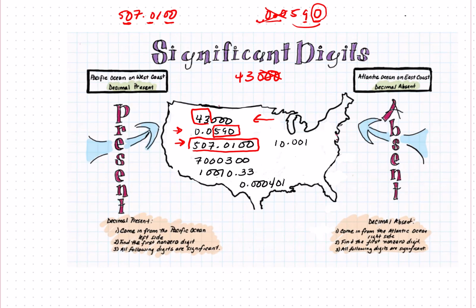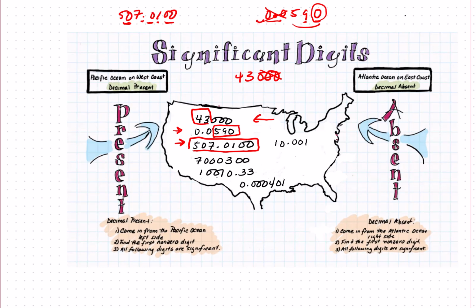The 0 that is surrounded by 7 and 1 is significant because 7 and 1 are significant digit. The last 2 zeros are significant because there is a decimal present and 1 is the significant digit in front. So all the digits are significant.